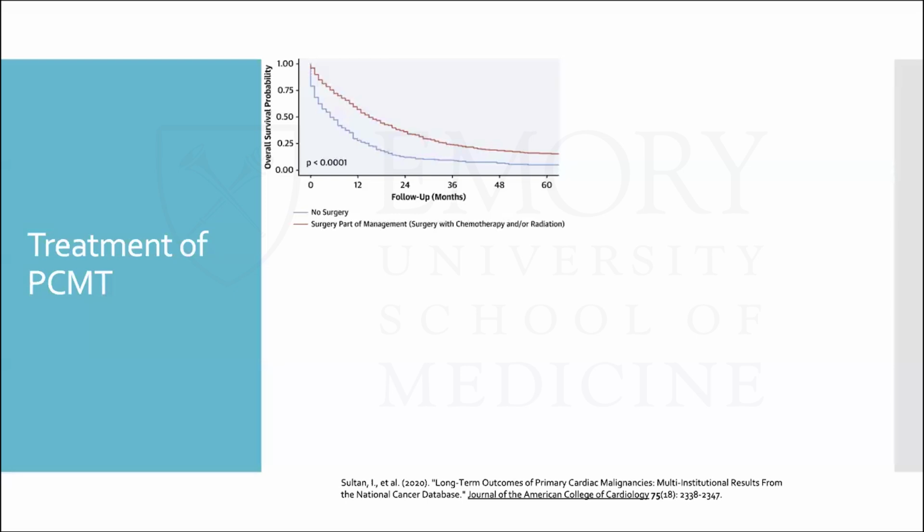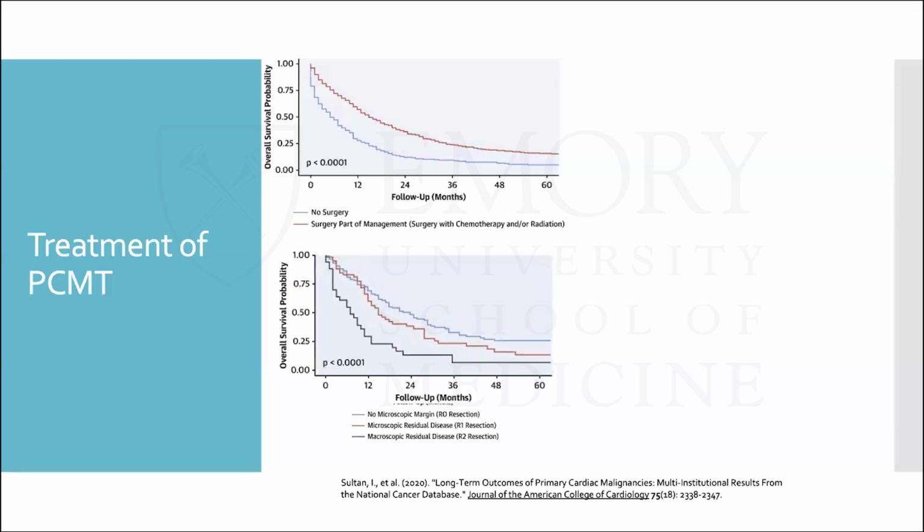And not only is the presence of treatment important for prognosis, but also how well the treatment went. How well the surgery did actually influenced prognosis. Those who had a complete resection did significantly better than those who had microscopic residual disease and macroscopic residual disease after surgery. This is also data from the National Cancer Database.